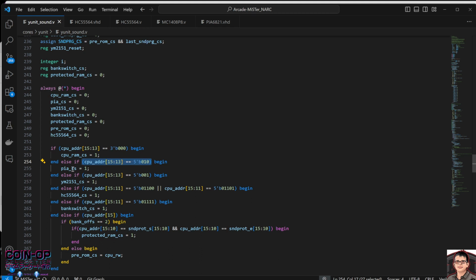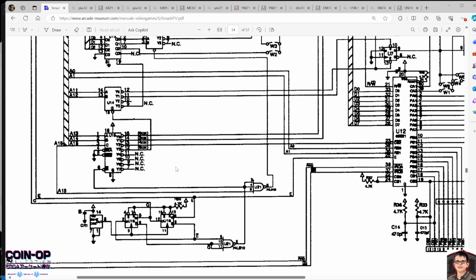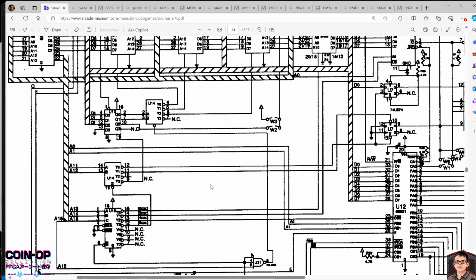So, the CPU wants to address the PIA if the 15 to 13 pins on the CPU address are in the sequence of low, high, low, right? So we're looking for A15 to A13, right? A15, 14, 13, right?